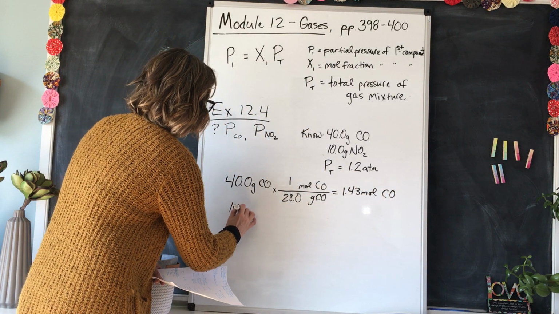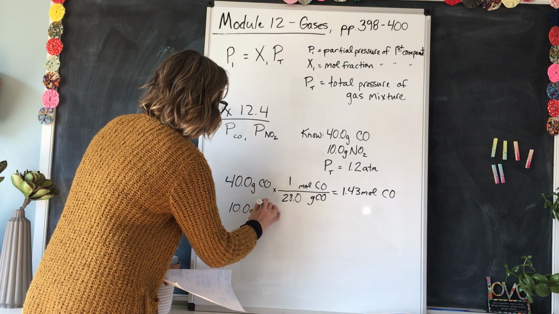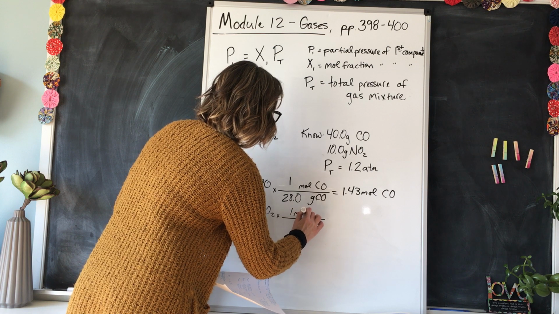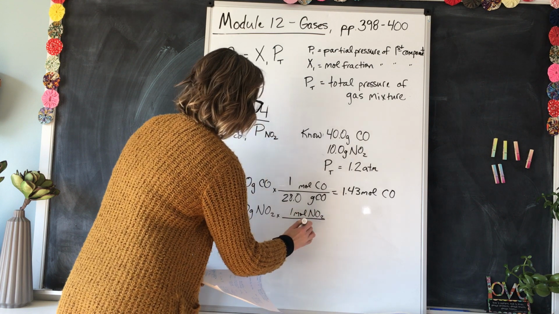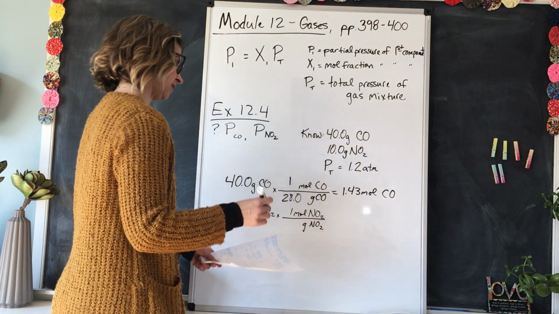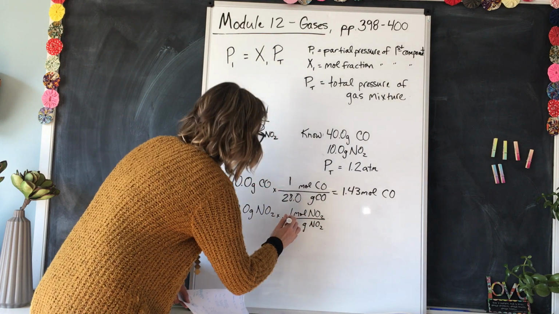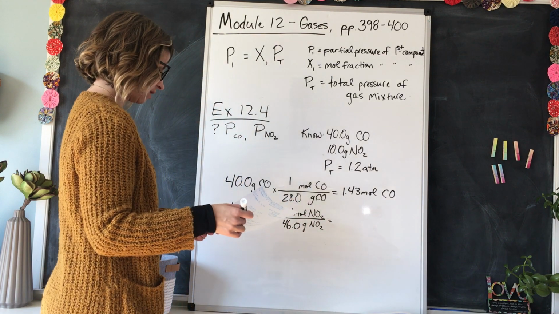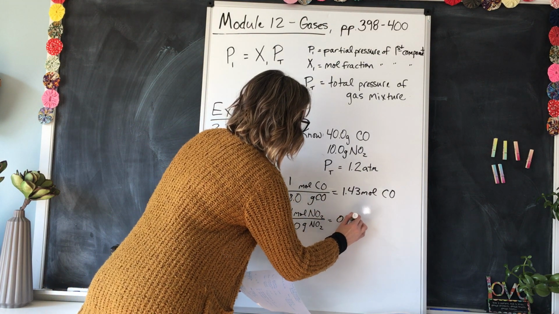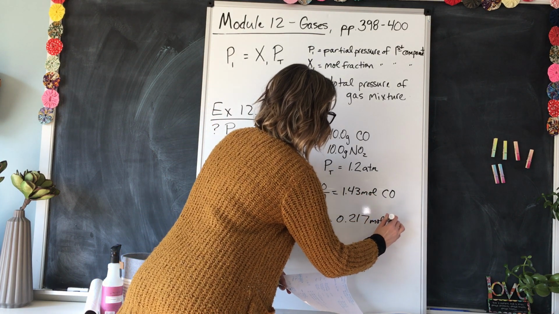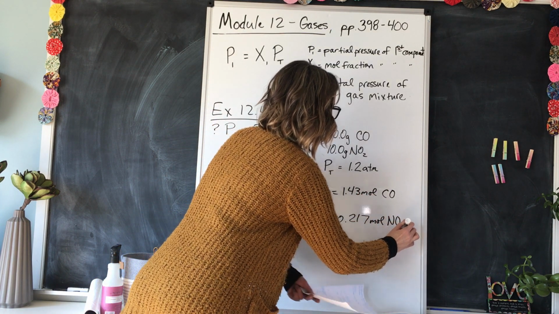And then we'll do the same thing for the nitrogen dioxide, NO2. 1 mole of NO2. How many grams is that? That'd be 14 plus 16 plus 16, which is 46.0. So we end up with 0.217 moles of NO2.